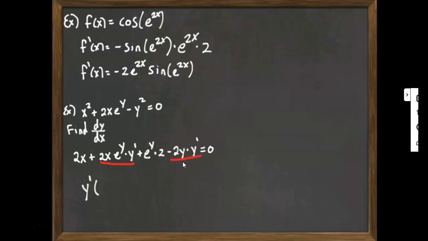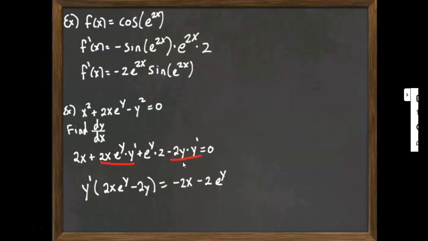We'll have y prime times 2x e to the y minus 2y. And then on the other side, moving those terms over, we'll have a minus 2x and a minus 2e to the y. And then we just need to solve for y prime.